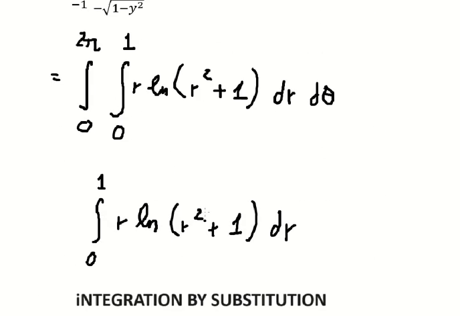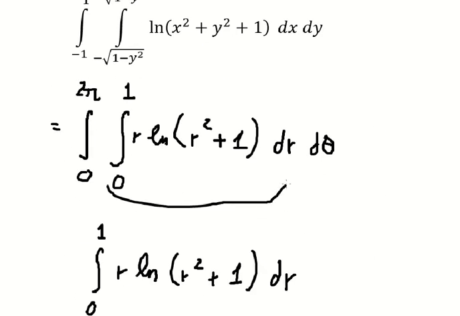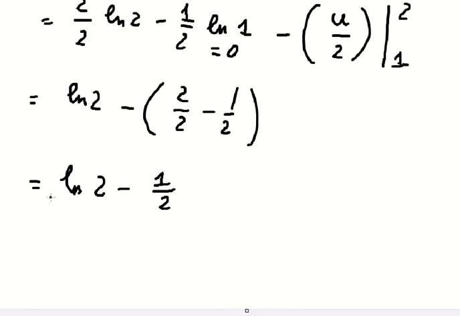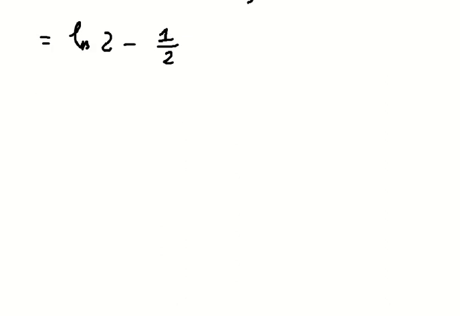So after we have this one, the value in here is this one in here. So we have only this one.